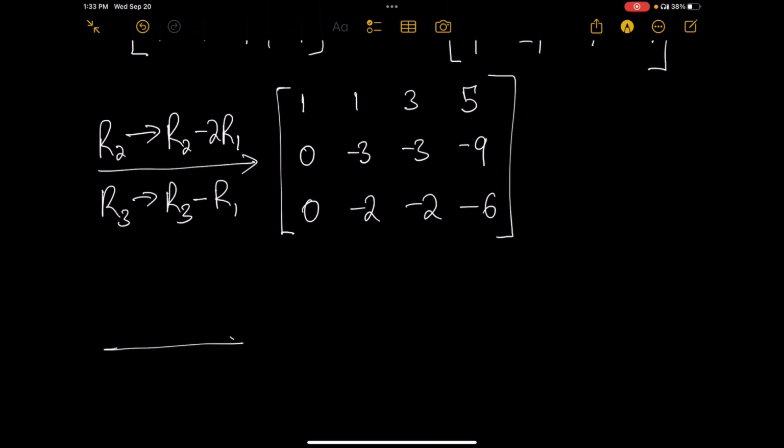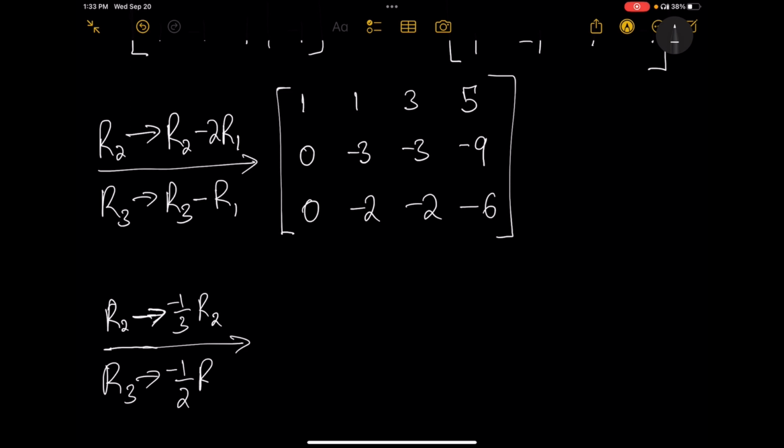Then we're going to multiply row 2 by negative 1 over 3, I'm so sorry, this is row 2. Row 2 goes to negative 1 over 3 of row 2, and row 3 goes to negative 1 over 2 of row 3.